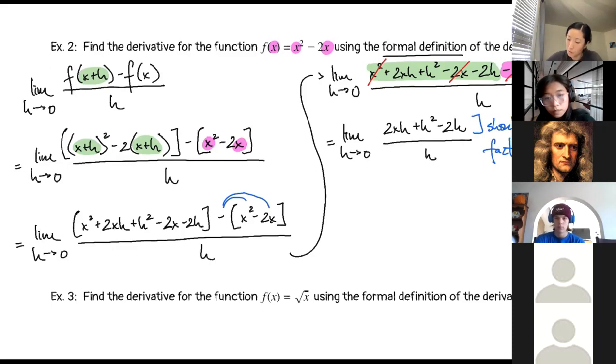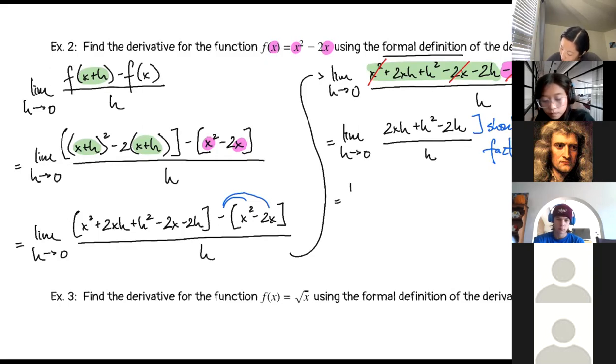Okay. You should be able to factor out an h from the numerator. If you cannot, something went wrong. Go back, double check your signs. Make sure that you FOILed. Okay, so make sure that you've done everything correctly. After you cancel, you should be able to factor out an h.